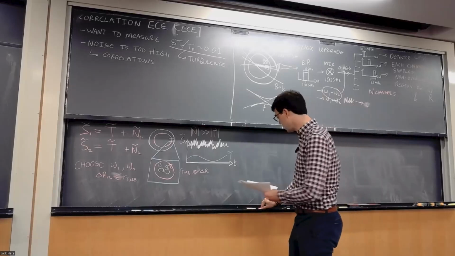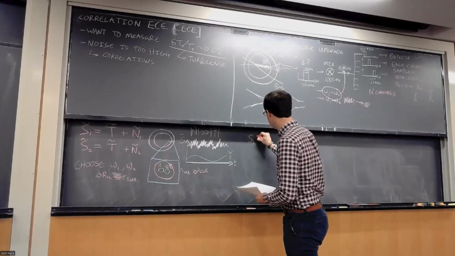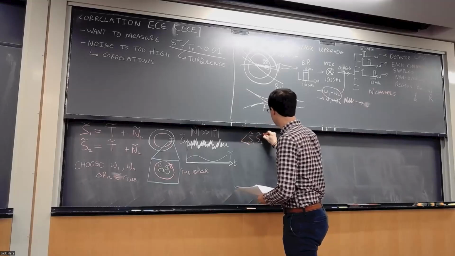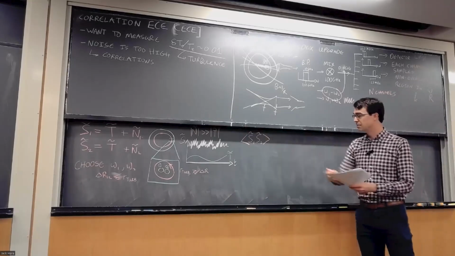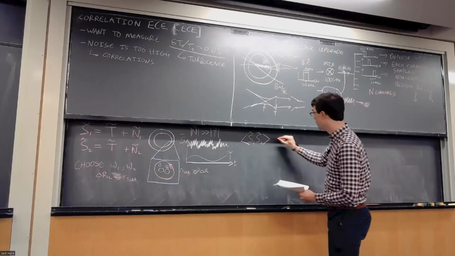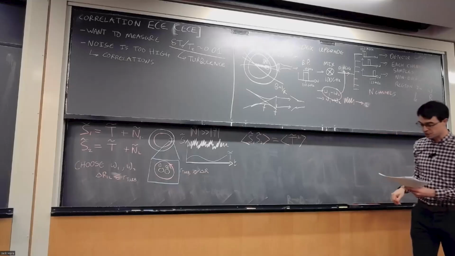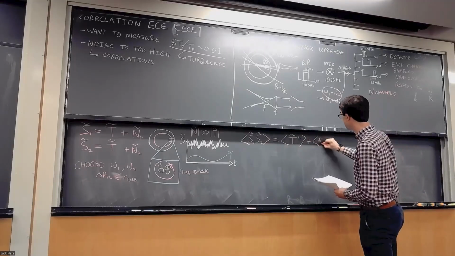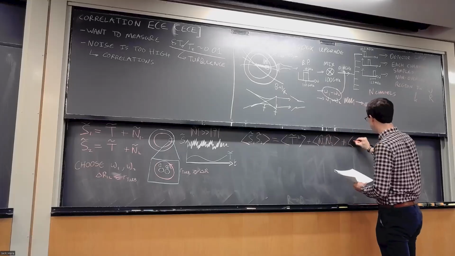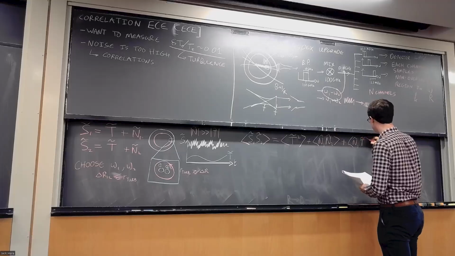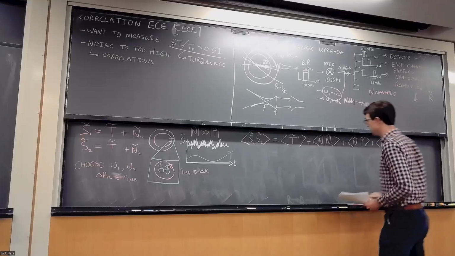Because what we find is that the temperature is correlated. So if we do S1, S2, and we do a correlation operation on these, and there are a few different ways to do correlations, and I'm not going to go into them, but I will give you a citation in a moment. We get out a term here that looks like the temperature term squared, the thing we want, the cross correlation between the two noise terms, plus two cross terms between the noise and the temperature signal from channel 1 and the noise and the temperature signal from channel 2.